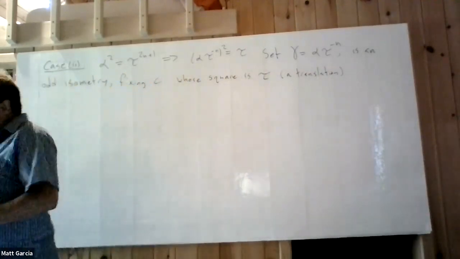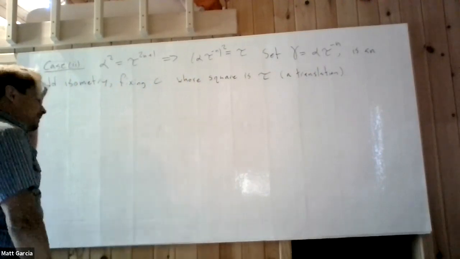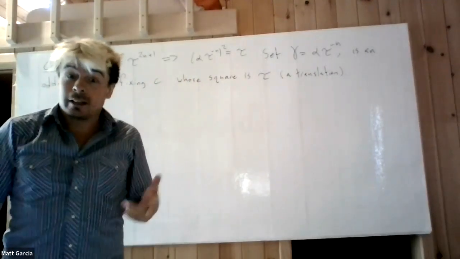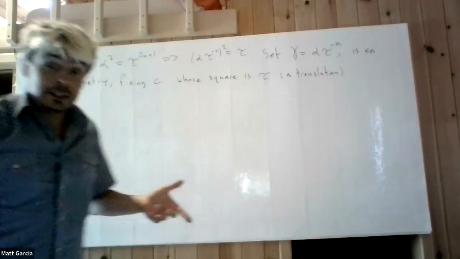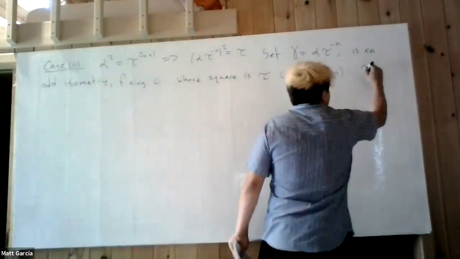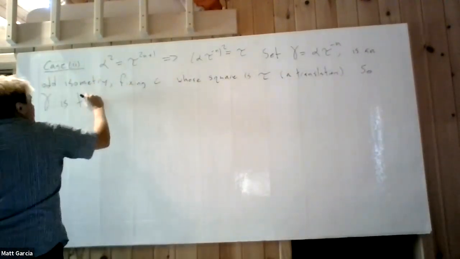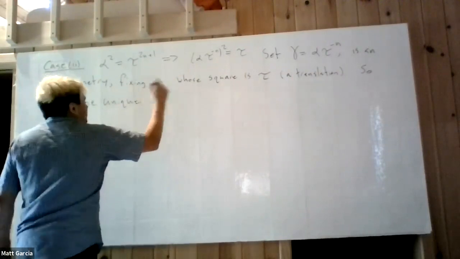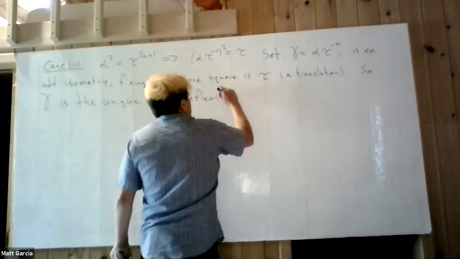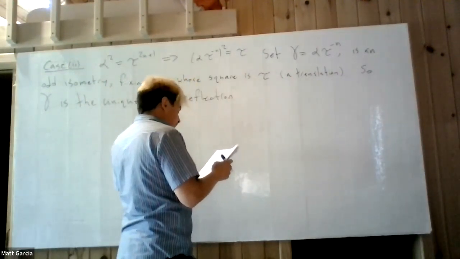Okay, what does this tell us about gamma? And I suggestively named it gamma because that's the variable that we usually use for a glide reflection, right? So, in other words, gamma is the unique glide reflection satisfying all these conditions.